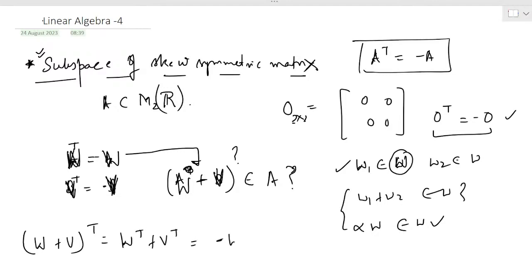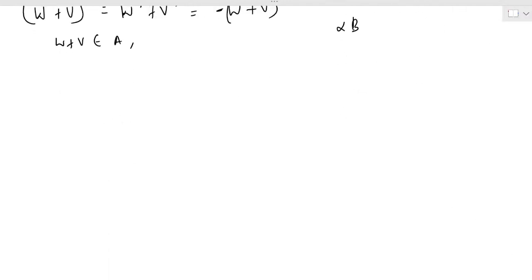I know that W transpose is minus W and V transpose is minus V. So clearly W plus V belongs to A. Also, if I multiply some matrix B by alpha and take the transpose, I simply get alpha times B transpose, which is minus of alpha B. It implies alpha B transpose is equal to minus of alpha B.